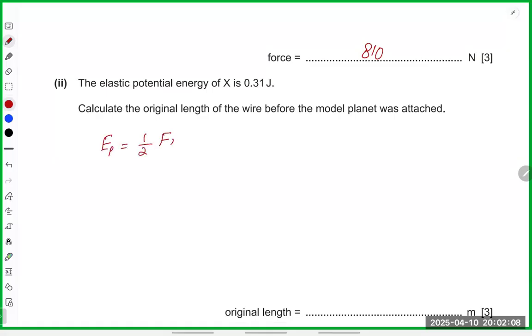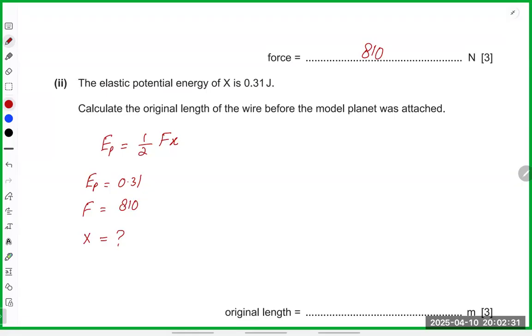If elastic potential energy is given and tension, that is force, is given, can we find extension? Force was given, 810 newton.